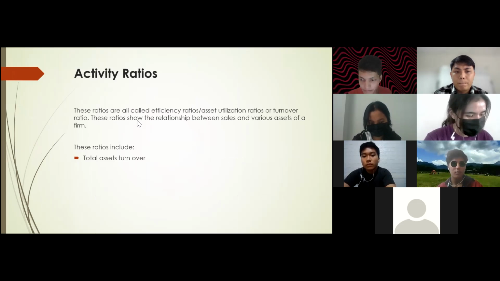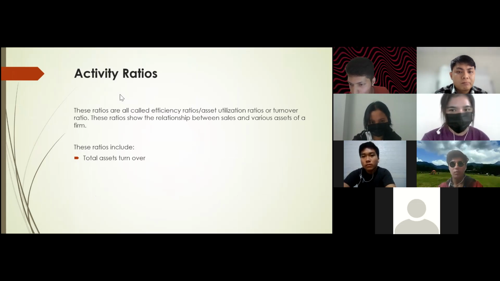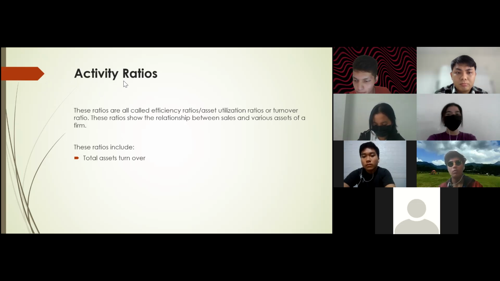Okay, activity ratio. As Samuel said, we need to know first what a ratio is, and then the activity ratio. We have learned about ratios and the types of ratios, and the fourth one, which is a really important part, is activity ratios.